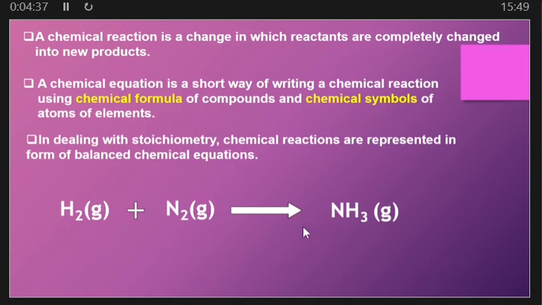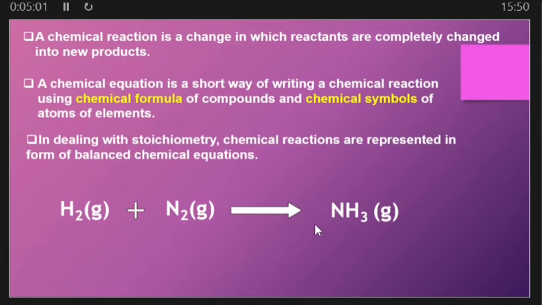So what should we do to balance the amount of nitrogen atoms on both sides of the equation? So since we have 2 atoms of nitrogen on the left side, we must also make sure that the amount of nitrogen atoms on the right side of the equation is 2. So how do we do this?